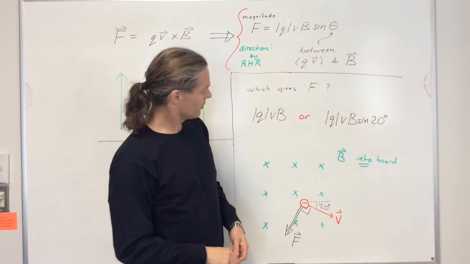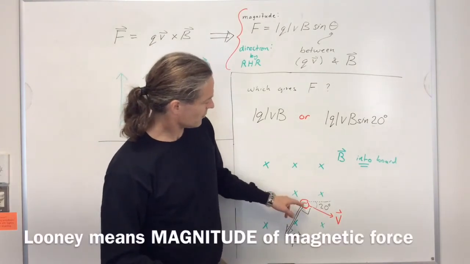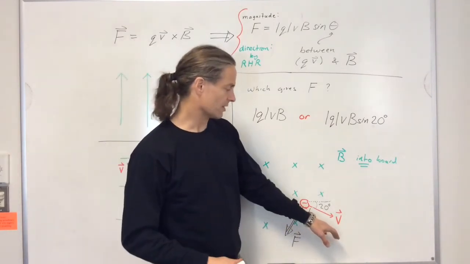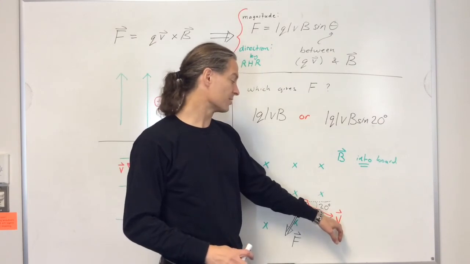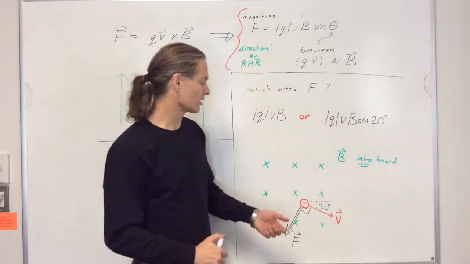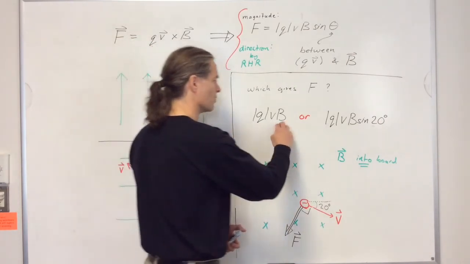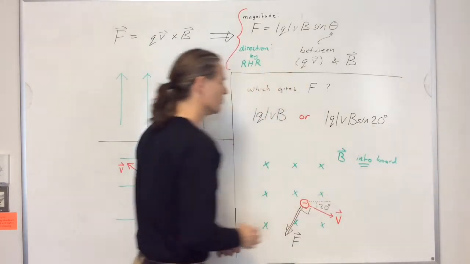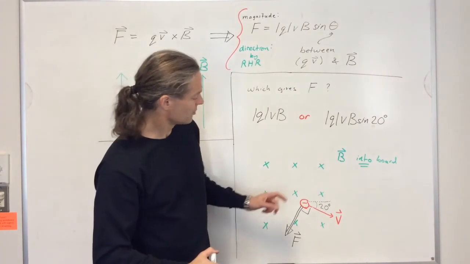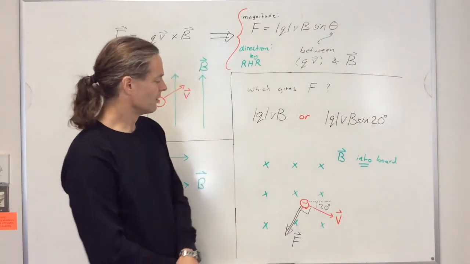So look here, let's see if we can figure out the expression for the magnetic force on this charge. Now let's just say this charge has value Q. Let's say we know V, we'll just call it the magnitude of that V without the arrow. We know the value of the magnetic field. We're not going to plug in numbers, but I want to know which of these two expressions, this one or this one, would be correct for finding the magnitude of the magnetic force due to the magnetic field.